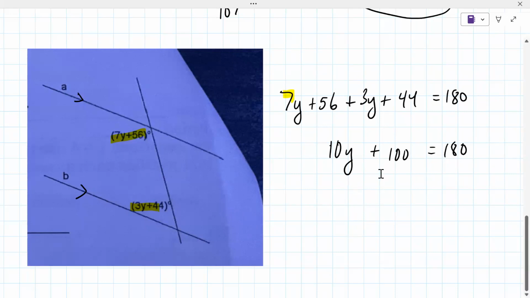What's the answer for y? Y equals 8. Yes, y is 8. Very good.